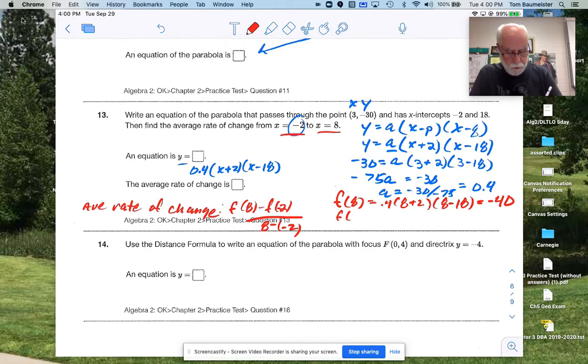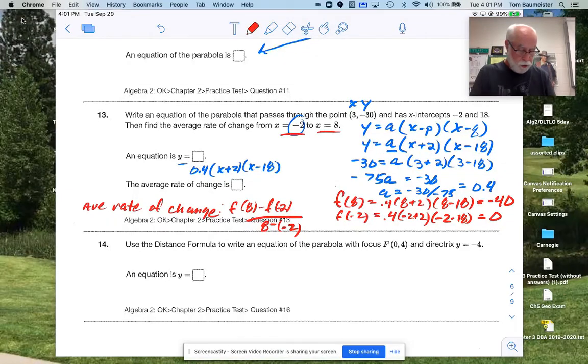F of negative 2 is, again, 0.4. I'll have negative 2 plus 2. Well, right there, that should tell us something. Negative 2 minus 18. So this one right here, negative 2 plus 2 is 0. Multiplying anything by 0 gives us 0.